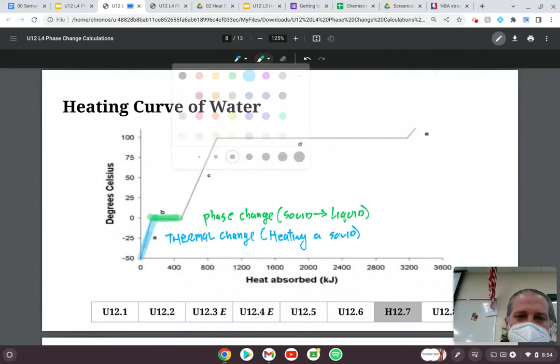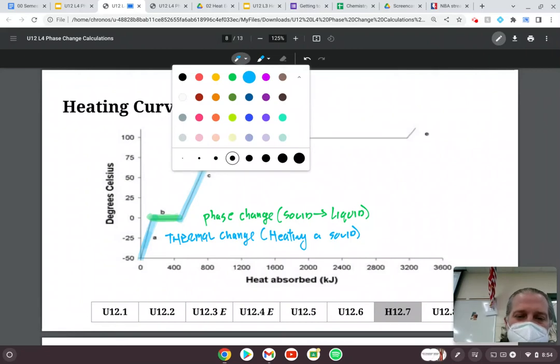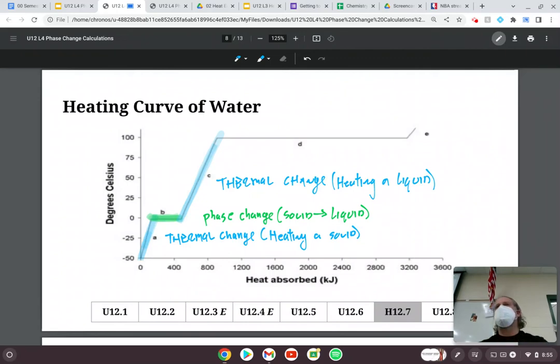This next part right here is another thermal change. Here we are simply heating a liquid. And you might have lived this when you make macaroni and cheese, right?